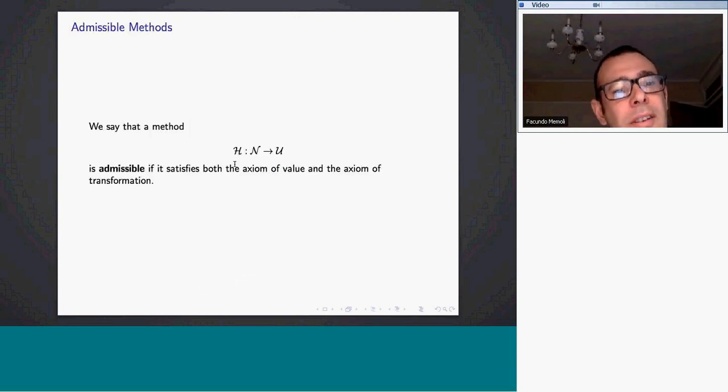So H is admissible when the two axioms are satisfied. That is, that it has a prescribed behavior on networks with two nodes and it is non-increasing under this function.